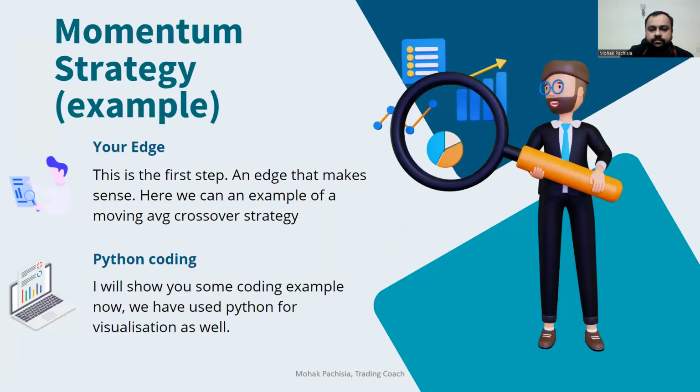And I will show you a Python coding example. Here we'll take a momentum strategy example. A basic momentum strategy, especially for the purpose of learning, a lot of people use is moving averages. Okay, so we'll come to that.